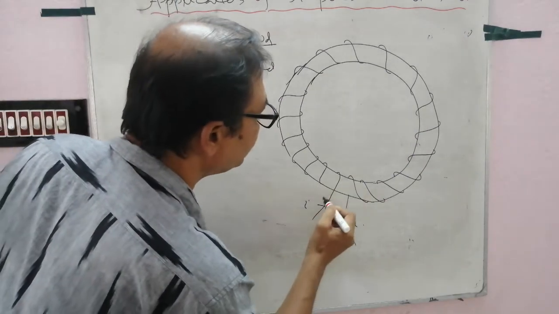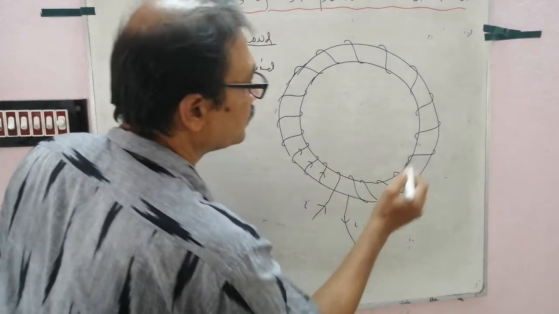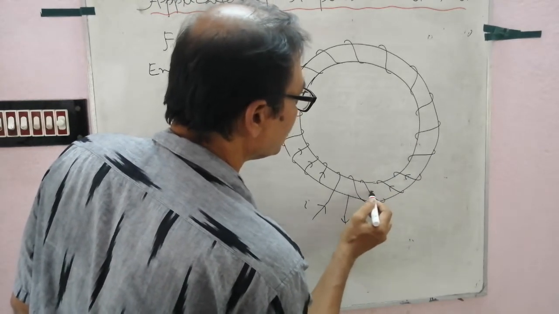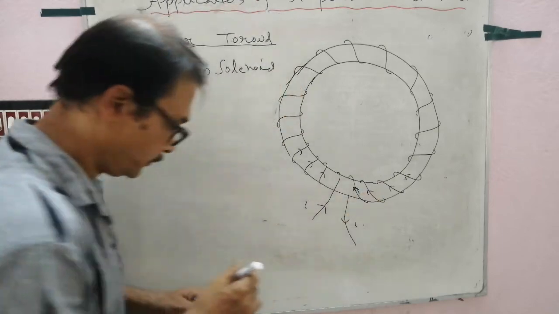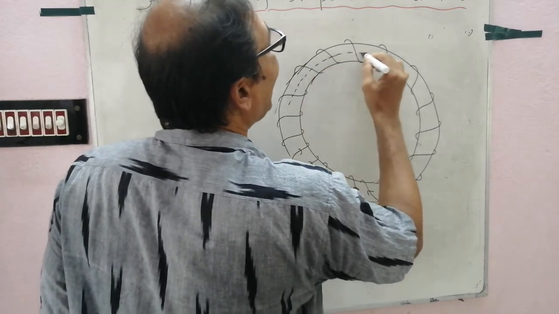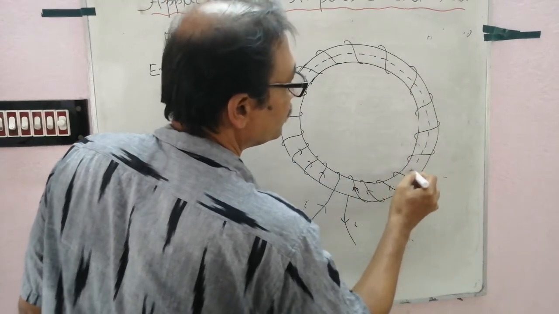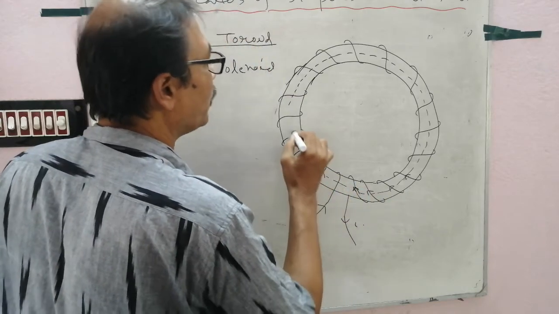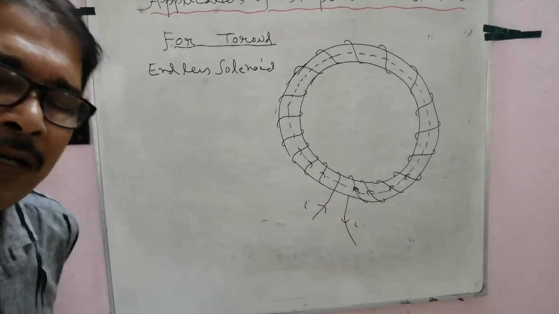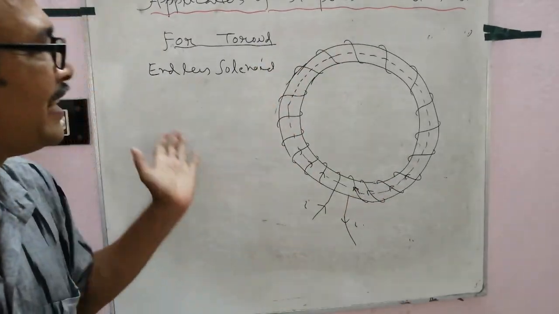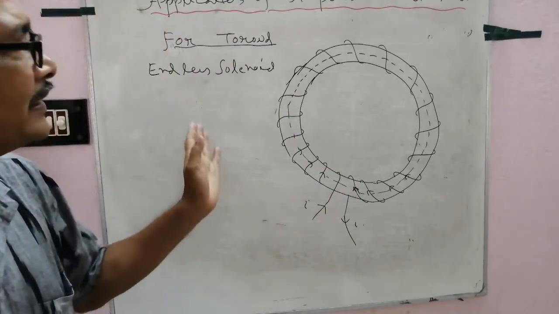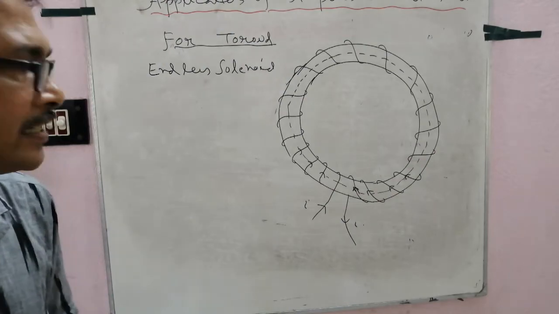Follow this current. In this way, we have to find the magnetic field on the axis of the toroid. Toroid means endless solenoid. If a wire is wound with several turns on a hollow ring, then that is called a toroid or endless solenoid.